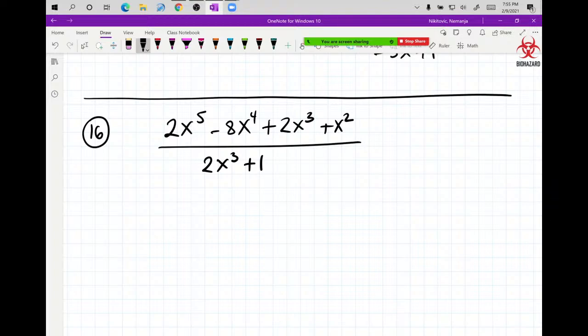So I hope you picked up already that you have two of the placeholders, right? 0x squared plus 0x to put in, and then go from there. So I hope you have those.